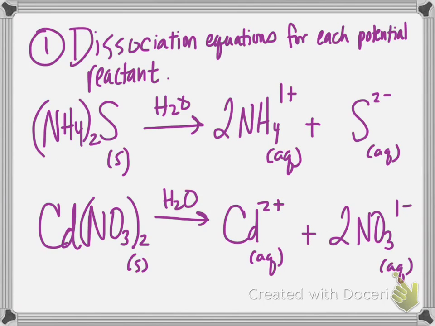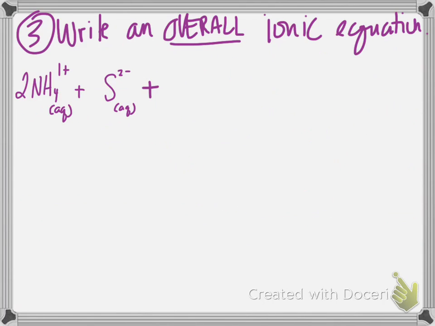And if you're using something like, well, you're not using Doceri because they took away your devices, but you can just write them. If you're using an electronic anything, then you can just copy them. So notice that we've got the correct numbers of moles of all of those ions because we borrowed these directly from the dissociation equations.